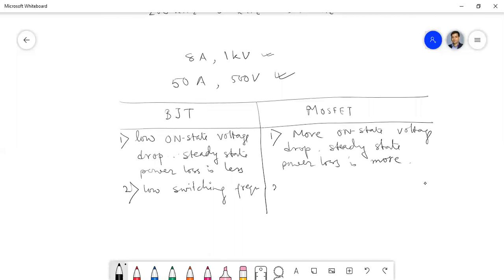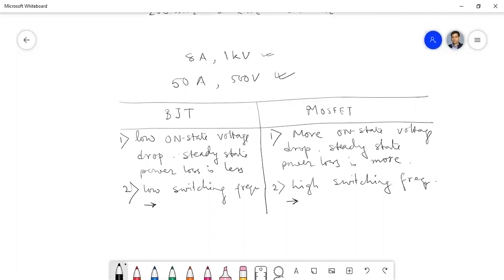Here for the MOSFET the switching frequency is high. Now what can we conclude from this? As it offers low turn-off time, therefore the switching frequency is high.